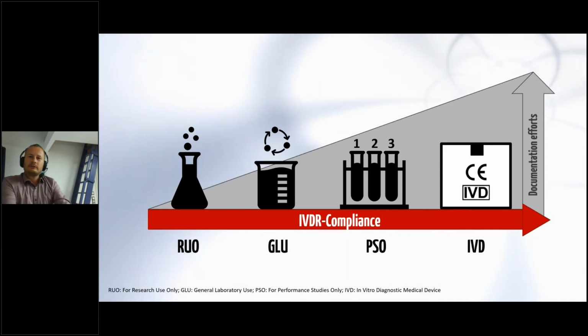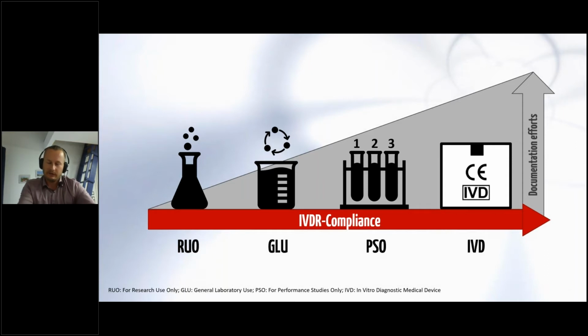To reach compliance of products, there is always a lot of documentation effort. You see, for research use only products, the efforts are very low for a manufacturer to place it on the market. And if laboratories buy these products, there is no reason why a manufacturer should take these efforts. There is another possibility.